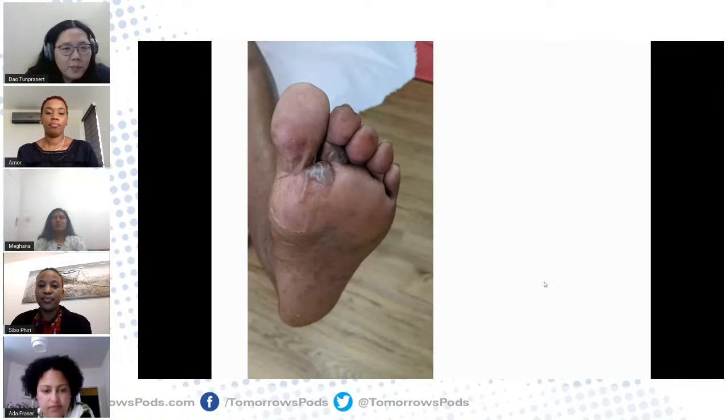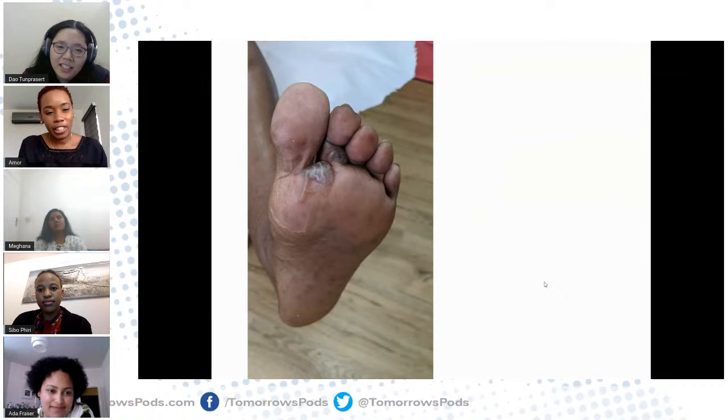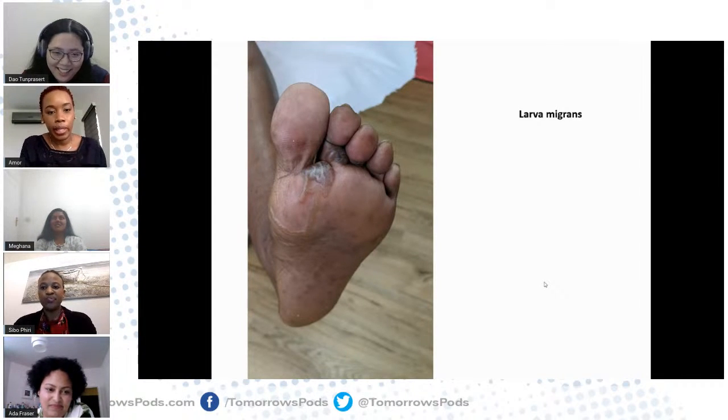Very interesting. Okay. And the next one we have, I have to say, is a condition which I've never seen before. Is it quite common in Barbados, Amor? Beaches. Once there's beach, there's larva migrans. So this is probably something you won't come across as often in the UK, or you may get it with patients.